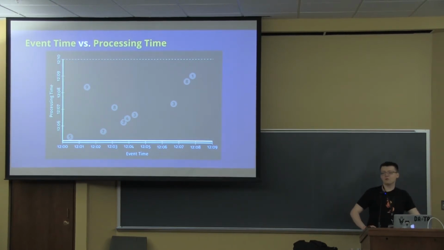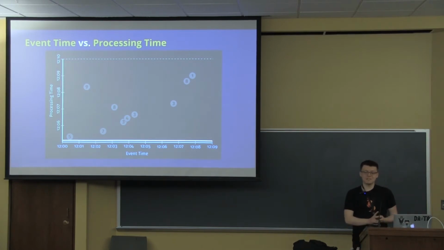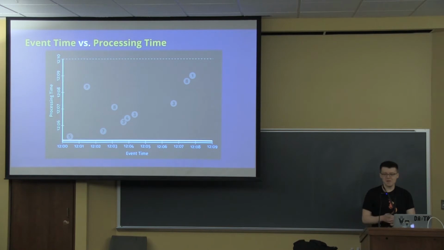Or if you go into an elevator, you don't send any messages from your mobile phone, it gets delayed. Or if your message delivery system crashes or needs to be restarted, or you get network latency, or you have a network split between data centers, it always impacts the difference between event time and processing time.